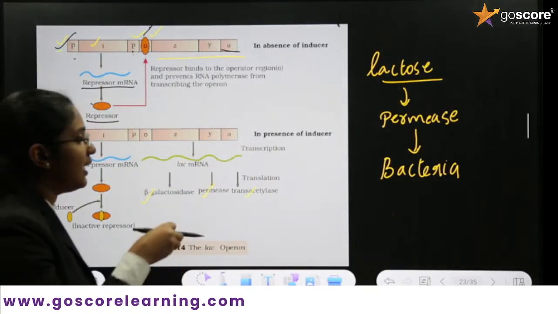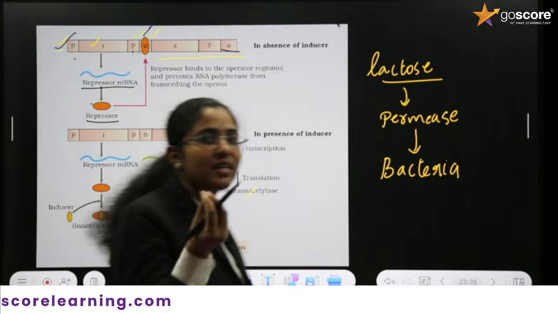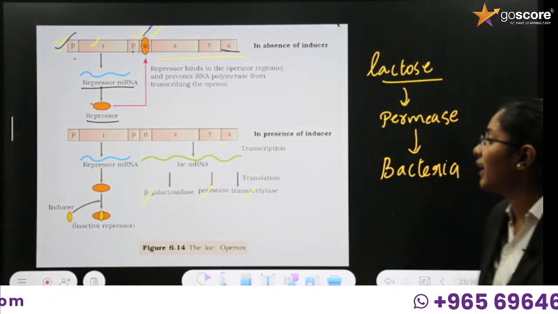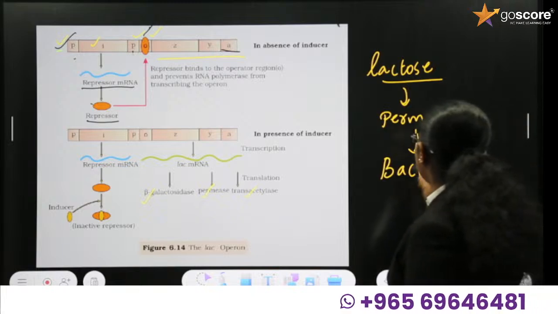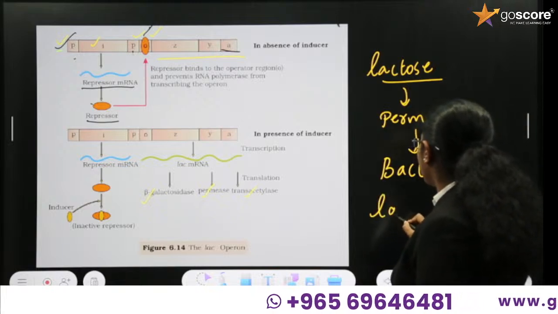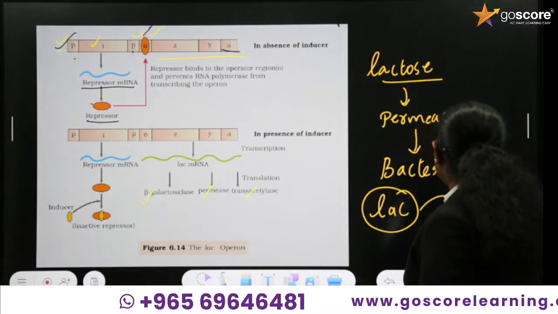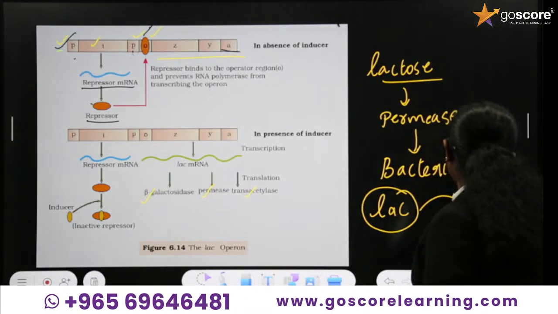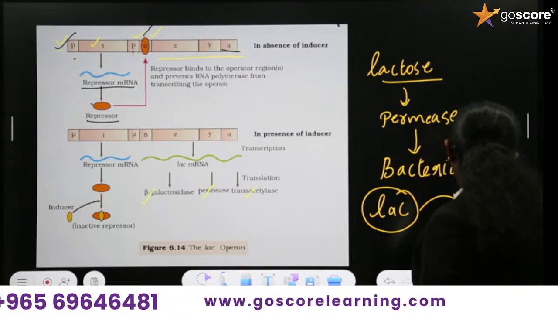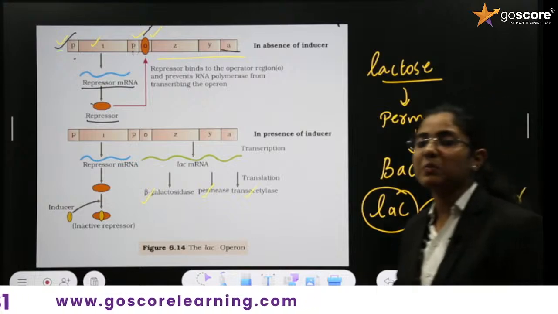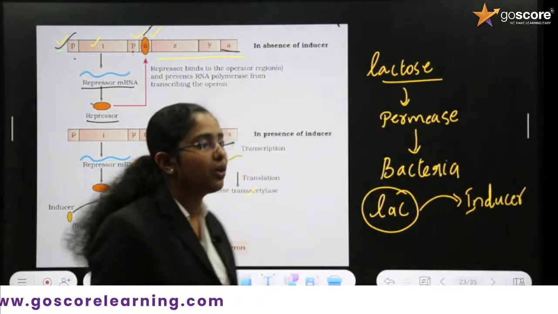Once a small amount of lactose is entering into the bacteria, what happens? This small amount of lactose molecule will be acting as the inducer molecule. So what is the speciality of this inducer molecule?